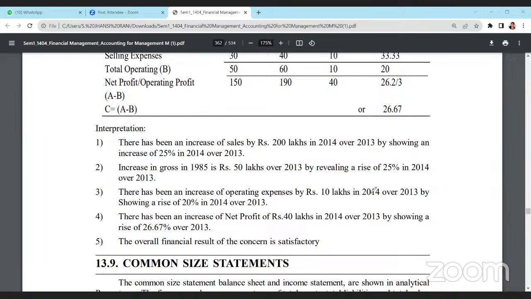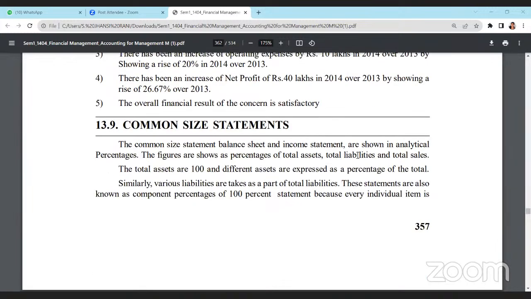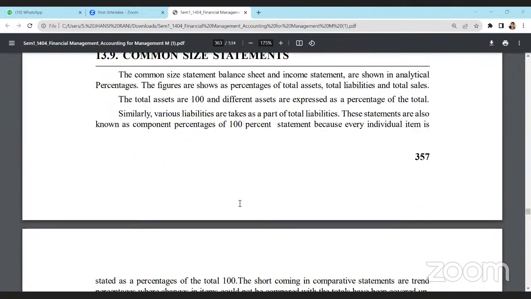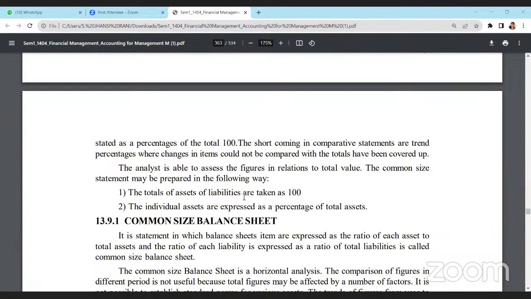Next we move to the common size statement. Here in the common size statement, what do we do? Here also they'll give us 2 years of information. In the common size statement, balance sheet and income statement are shown in analytical percentages. And how do we do this? We assume sales as our base.